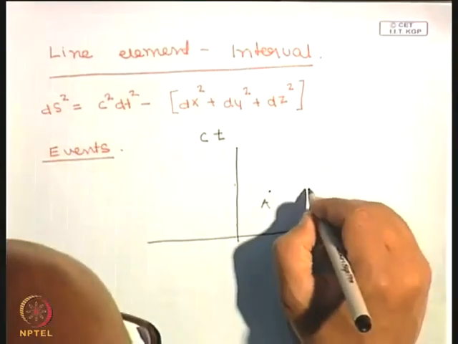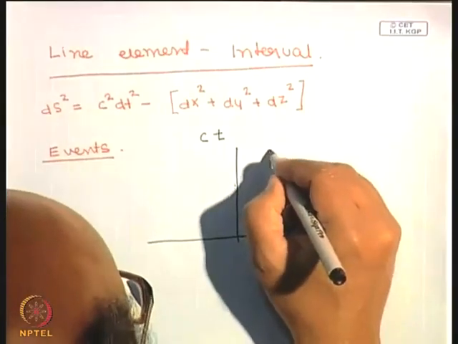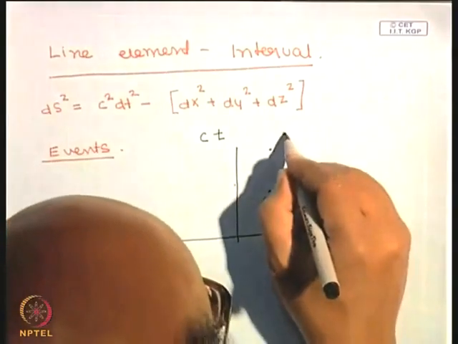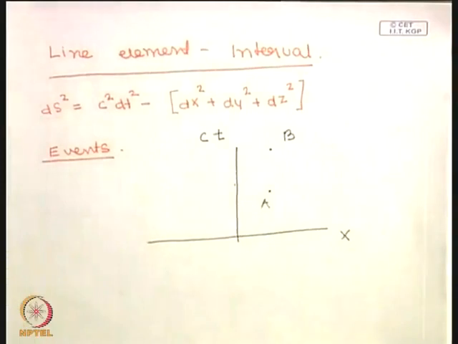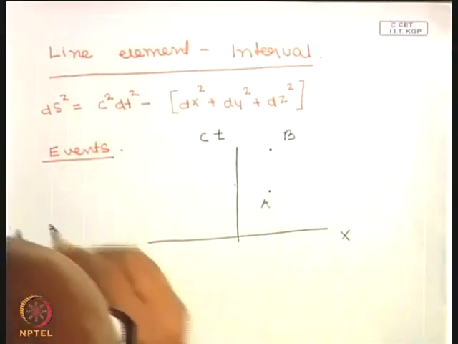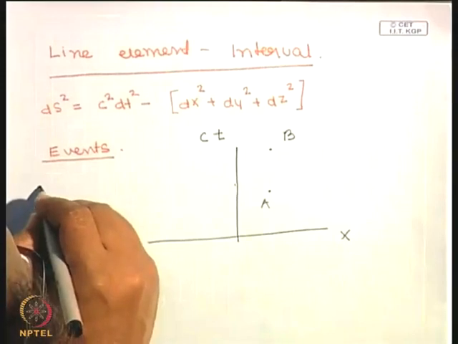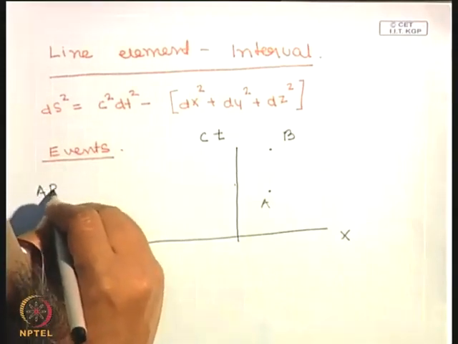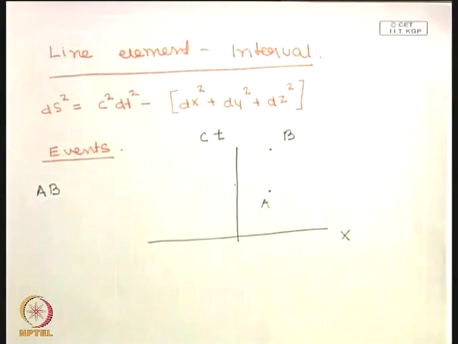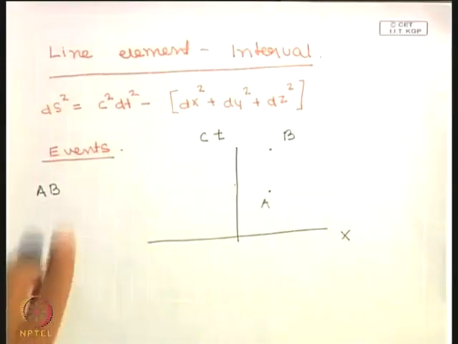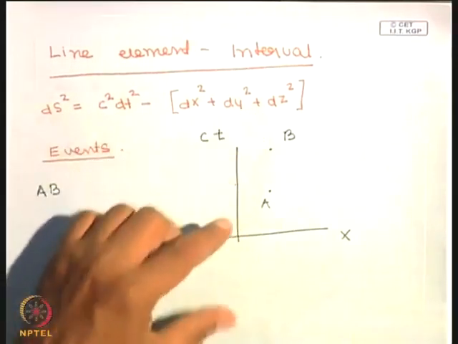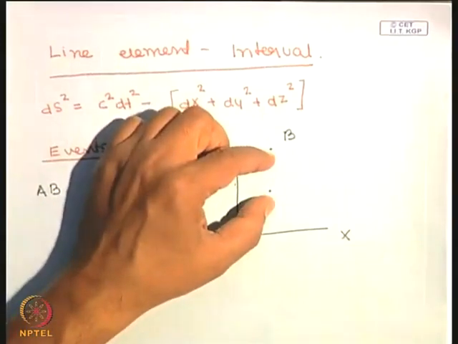There is another event, let us say B, which in this diagram is vertically above A. Then let us calculate the interval for the event AB. The way you calculate the interval is you evaluate this expression for these two events.